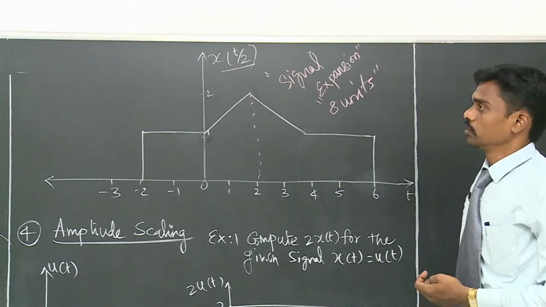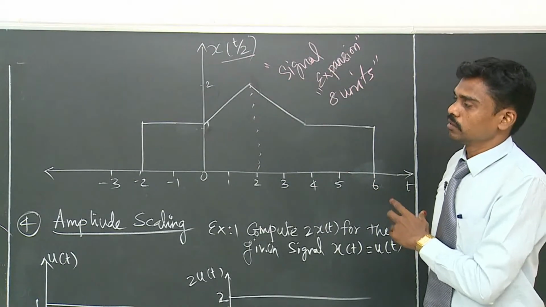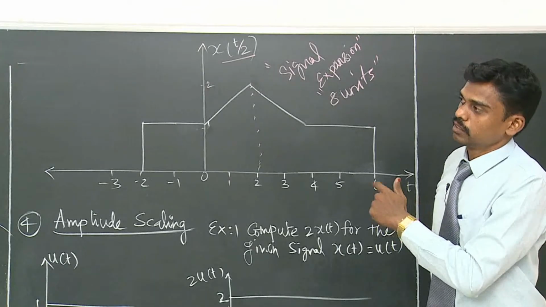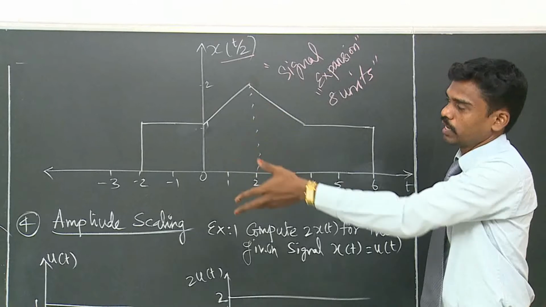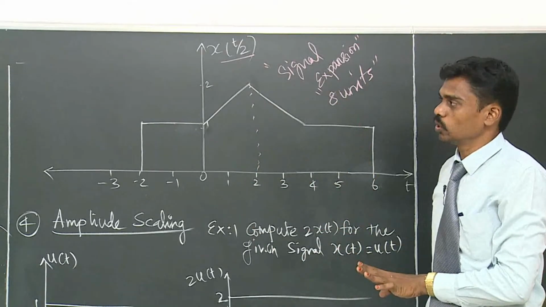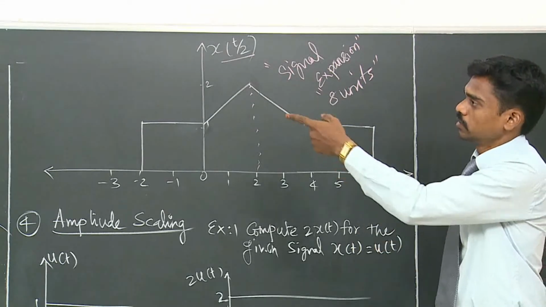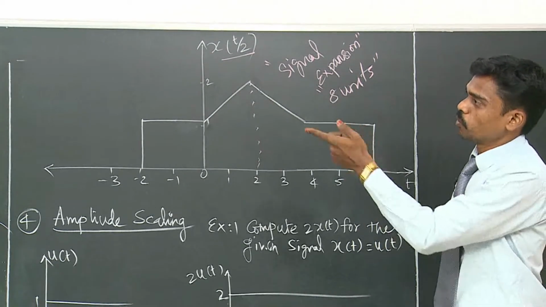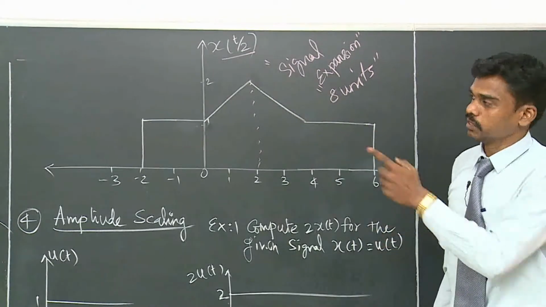Both types of signal operation come under time scaling only. Signal compression is also time scaling, and signal expansion is also time scaling. If you multiply by the scaling factor, you will get the compressed version of the signal.